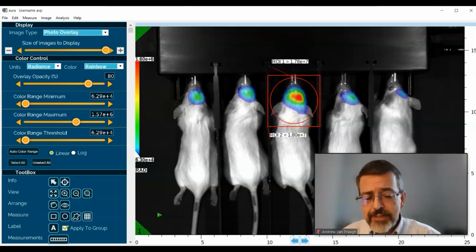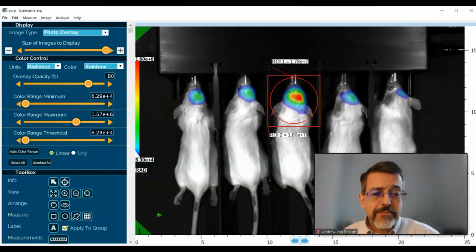And this increase in the number of background pixels is going to reduce the mean of the overall region of interest. So this is a variability in mean radiance that will happen if you use different size ROIs. And this is a fundamental weakness of using mean radiance to report your data. It's susceptible to any change in the ROI size that you use.